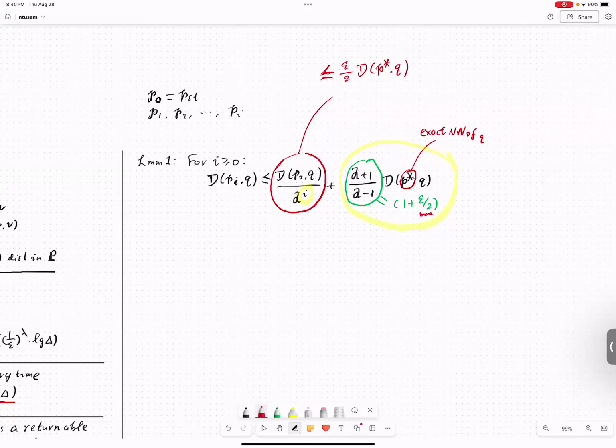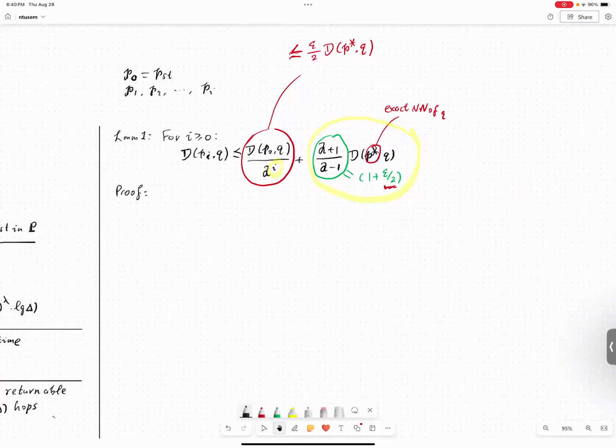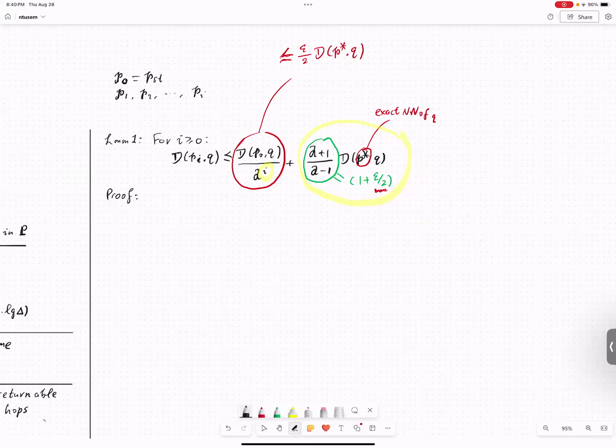All right, so let's prove the lemma. This is going to be quite technical, so I'm going to walk you through the details slowly. First of all, let's look at the base case. By the way, I will prove the lemma by induction. If i is 0, the left-hand side is just D(P0, Q).